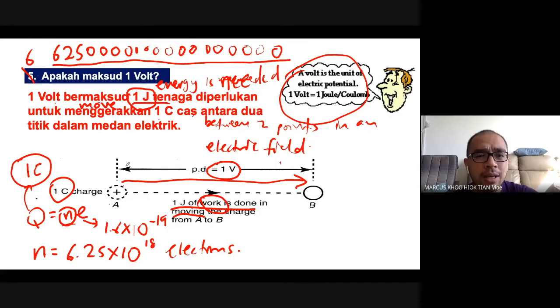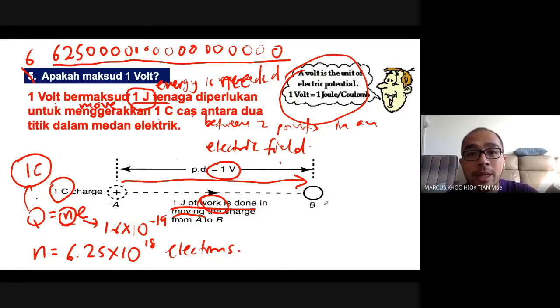Think about it. That means dalam 1 volt begitu banyak elektron sebenarnya yang mengalir. Okay, in 1 volt, that's how many electrons are flowing. So jangan kamu fikir yang elektron ni macam biji-biji yang bergerak. It's banyak biji. 6.25 times 10 to the power 18 electrons are flowing, and that's just 1 volt.